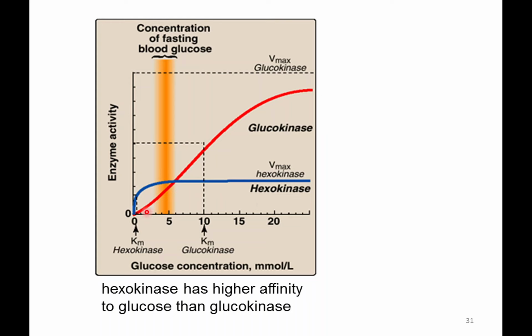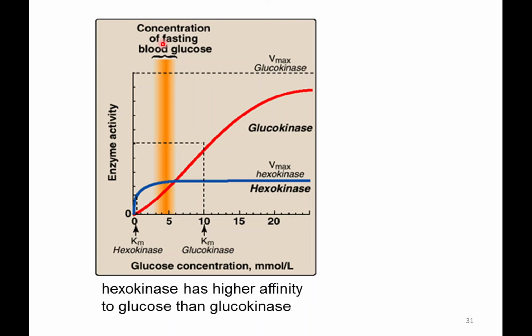Okay, so at lower concentrations of glucose, hexokinase 1 is active, and the activity of hexokinase 4 is lower. But as you get higher and higher concentrations of glucose, you can see that the activity of glucokinase continues to increase, whereas hexokinase 1 reaches a maximum.